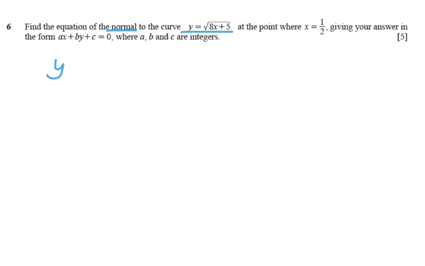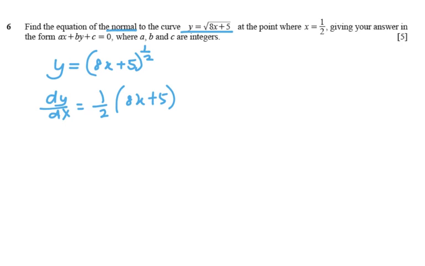So first, I can write y equals to (8x plus 5) to the power of 1 over 2. dy/dx will be equals to 1 over 2 times (8x plus 5) to the power of negative 1 over 2, times the derivative of 8x plus 5, which is equals to 8. Simplify and you will be able to get 4(8x plus 5) to the power of negative 1 over 2.